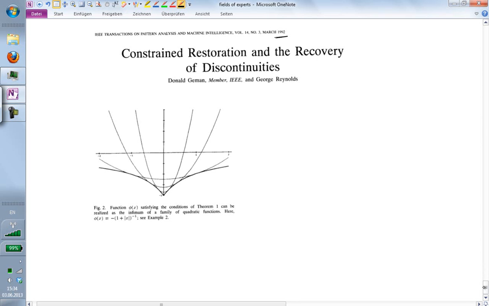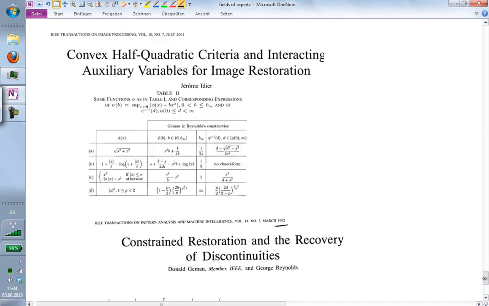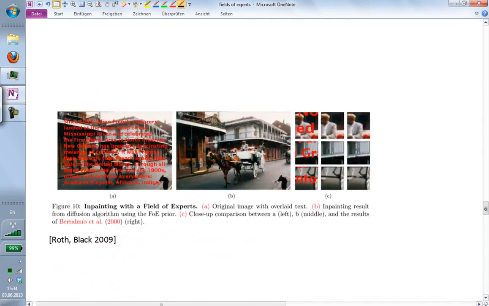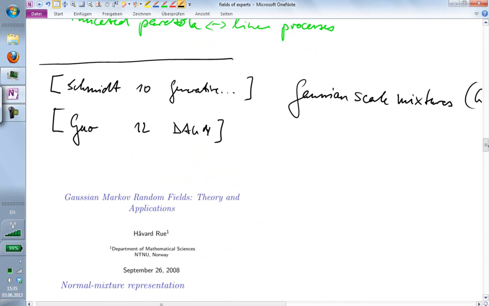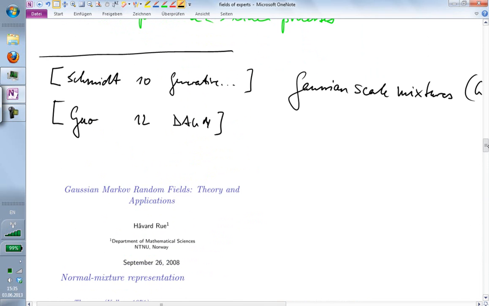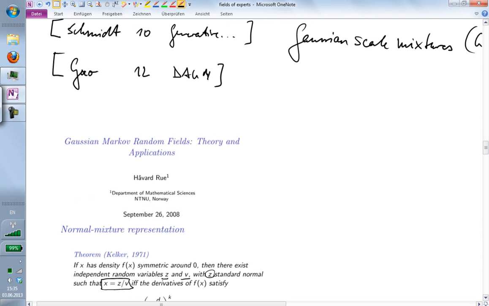And similarly, you can express heavy-tailed distributions as a mixture of Gaussian distributions, which is the formulation that we will use here, following Schmidt and Gao.